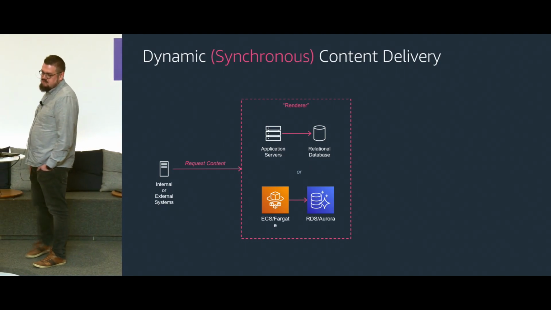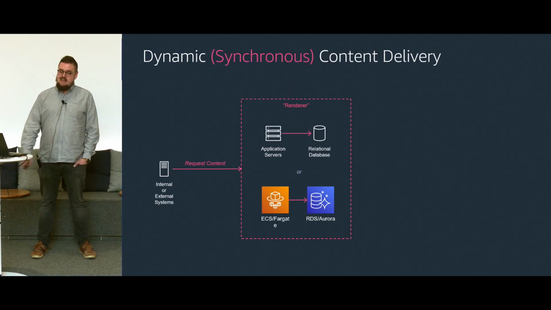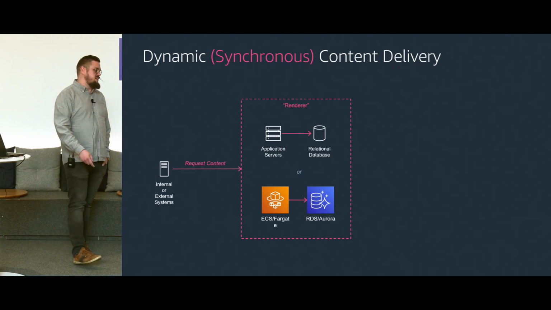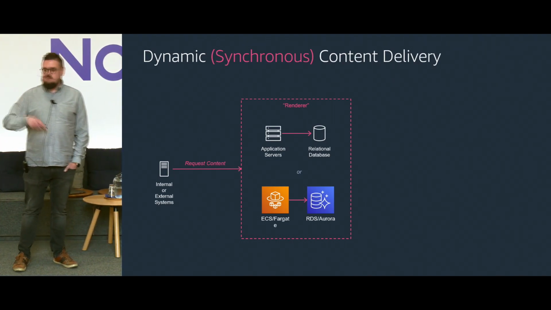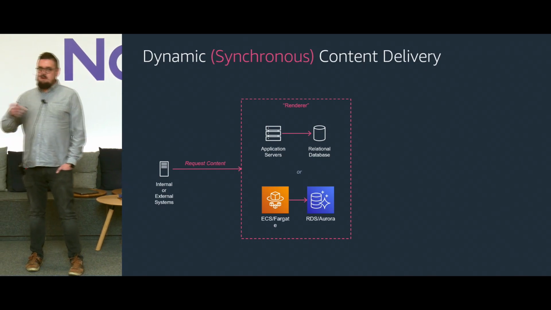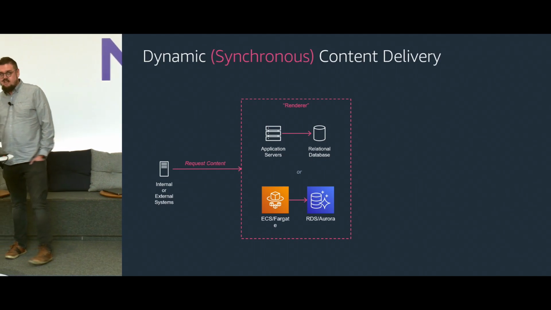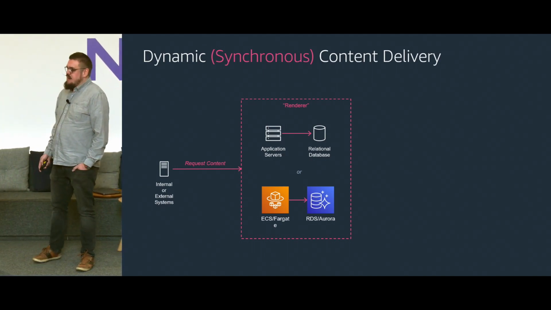Often there's an application server, either on-premise or in the AWS cloud or somewhere, that talks to some database. When a request comes in, the application server will call the database, get some data, and then render some content. Maybe it's HTML, sometimes it could be generating JSON files or whatever dynamic content it requires.